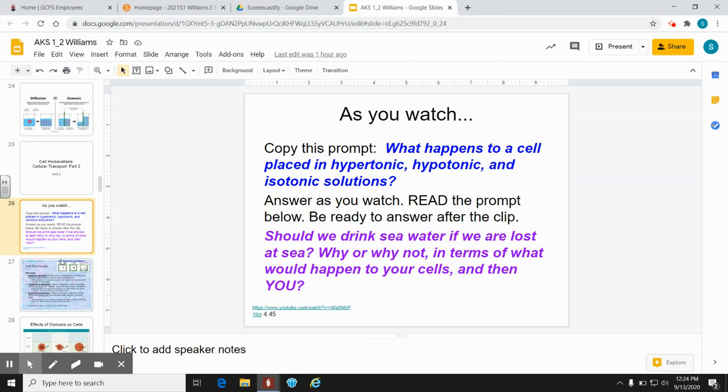All right, so back to the question. Should we drink seawater for loss at sea? And hopefully you got that the answer is no. The reason is that even though it's water, your cells are, in quotation marks, "saltier" than the outside.